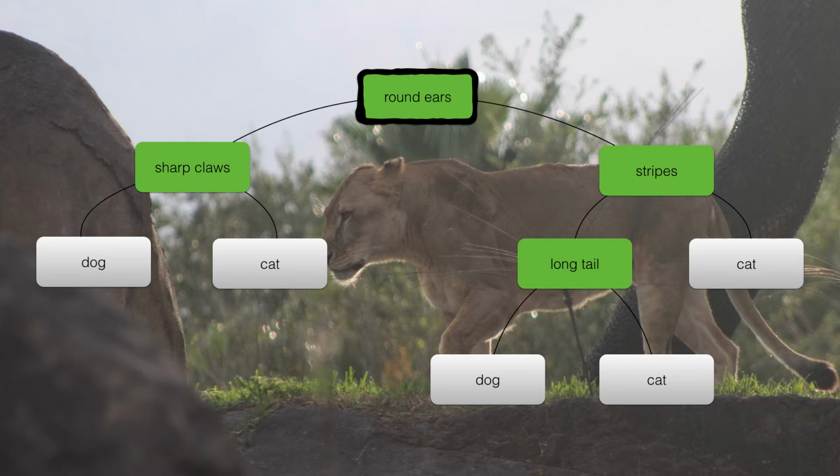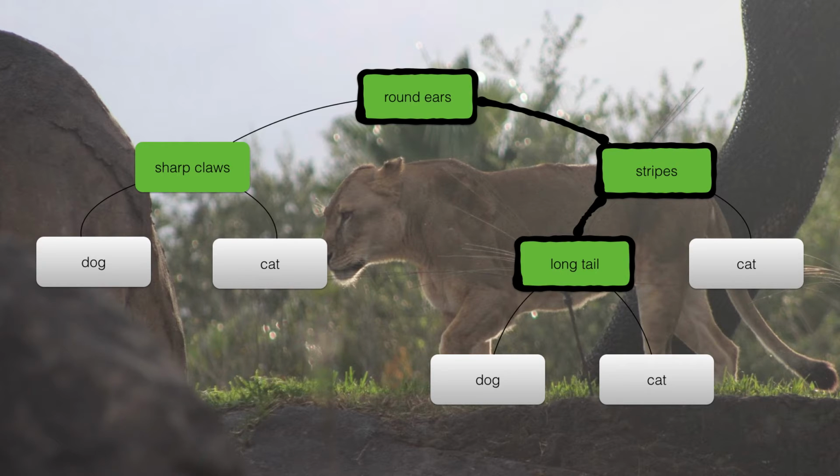So we'll move to the right subtree, and the next node that we land at is going to check whether or not the animal has stripes. Because this animal doesn't particularly have stripes, we're going to move to the left subtree. Then we'll again check the feature at this new node, and the feature is whether the animal has a long tail. The animal does happen to have a long tail, so we move to the right subtree.